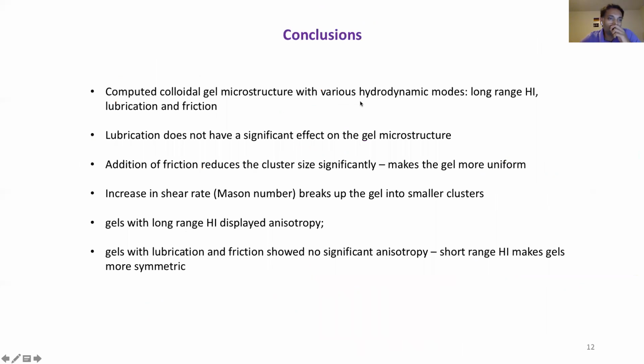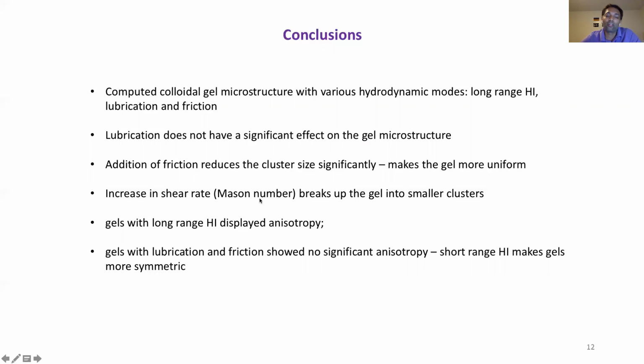With that, I'd like to conclude. We have computed colloidal gel microstructure with various combinations of hydrodynamic modes, namely long-range hydrodynamics, lubrication, and friction. Lubrication does not have a significant effect on the gel microstructure, as we saw. Addition of friction reduces the cluster size significantly and makes the gel more uniform.